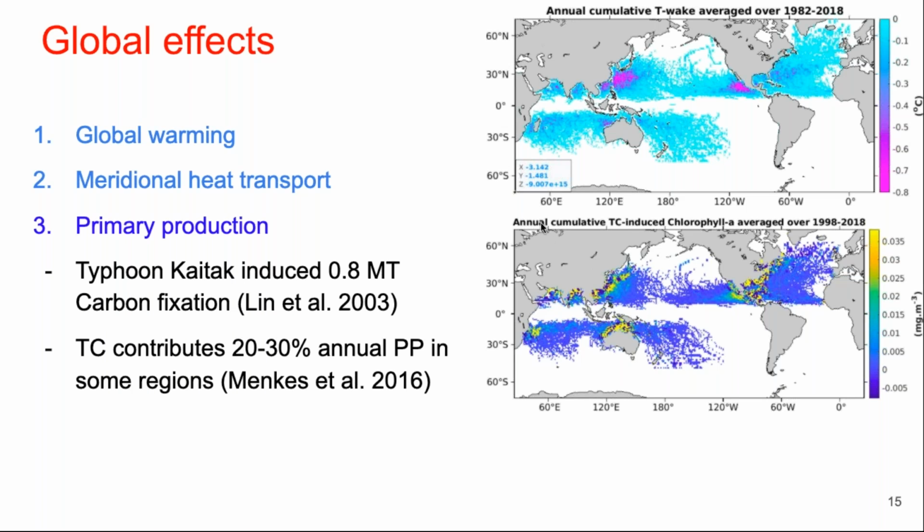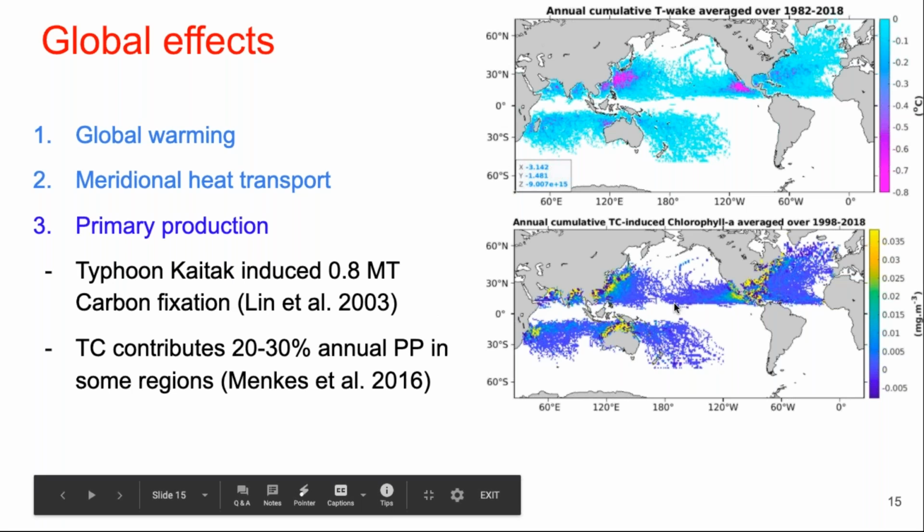And just to give some idea, a single typhoon can induce about 0.8 million tons of new carbon fixation, and TC-induced primary production can contribute up to 20 to 30% of annual primary production in some regions with high TC activities.